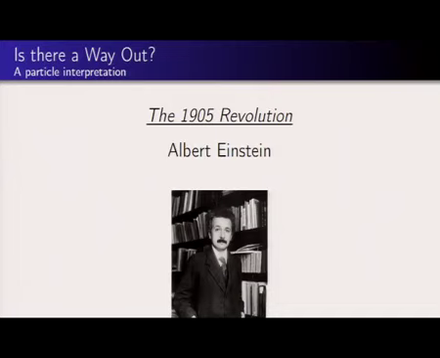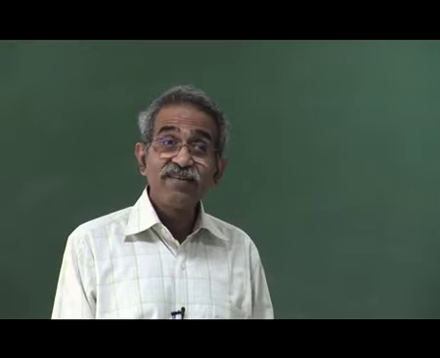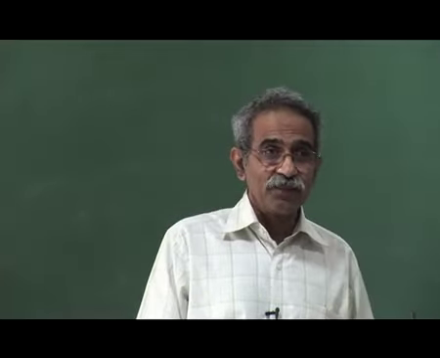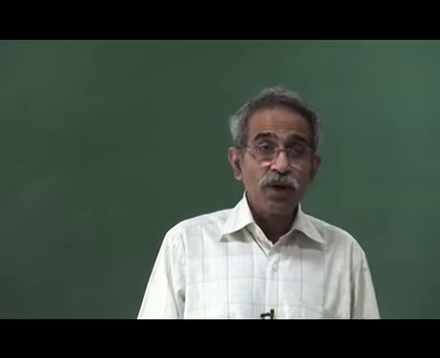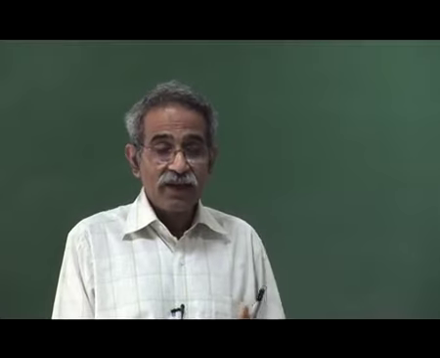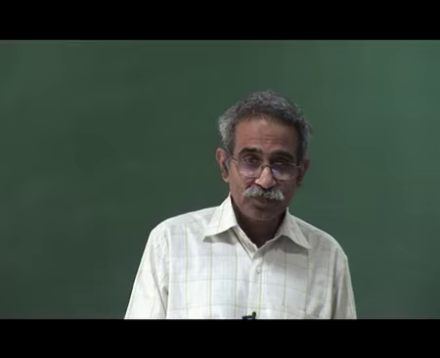That is what we have to ask, and this is where the 1905 revolution of Albert Einstein is very, very important for us. And what did Einstein do? Einstein said that I will leave all that aside, the problems with waves, etc., and I am going to come up with the particle explanation, a radical particle explanation, and I am going to explain the photoelectric effect.